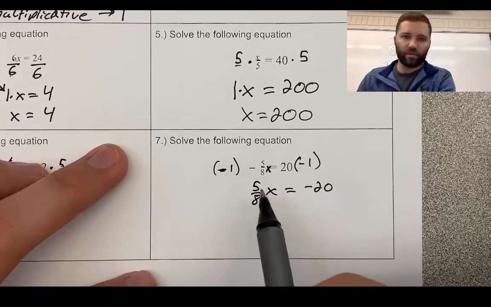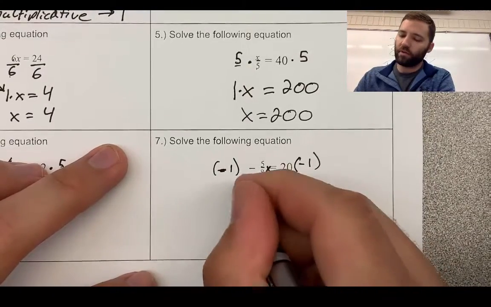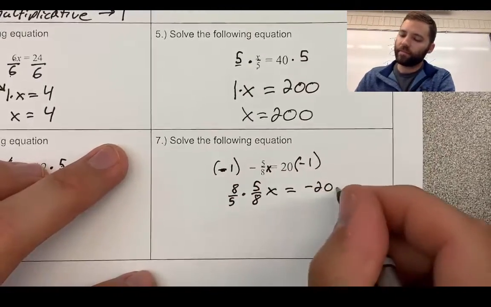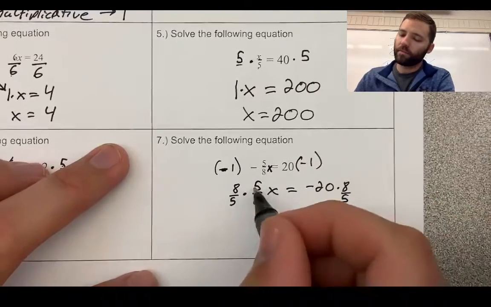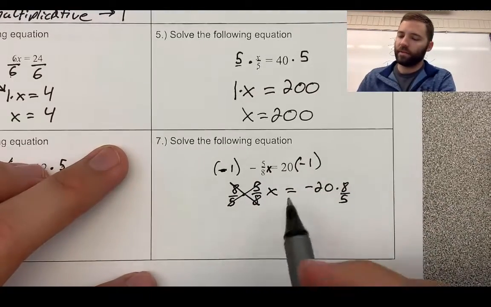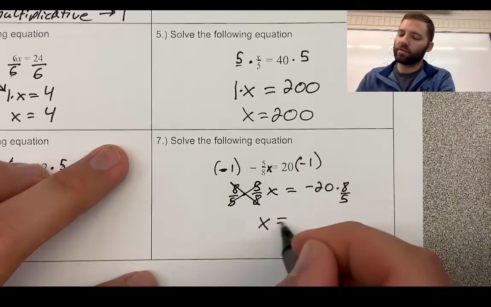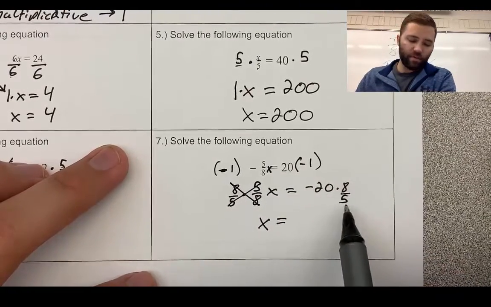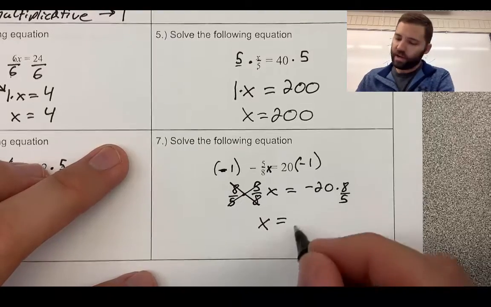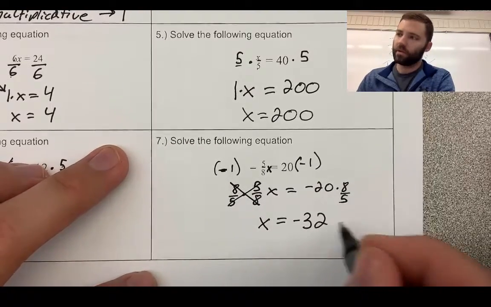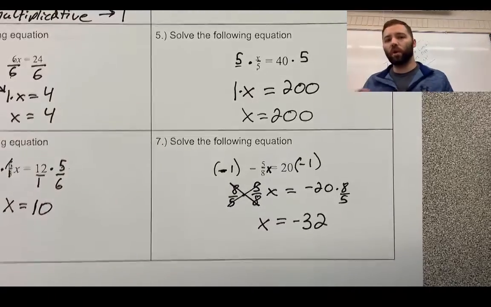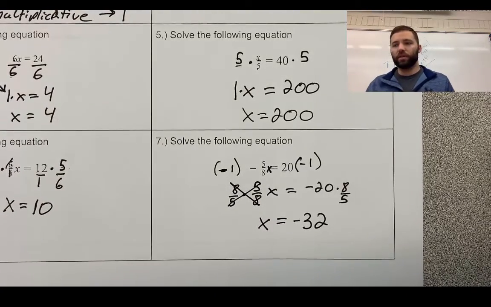And now we just have to deal with the fraction. So I'll multiply both sides by 8 over 5. But this ends up being 1 over 1, so I get x equals negative 20 times 8 over 5, which is negative 32. All right, and that rounds out part 1 of solving linear equations.